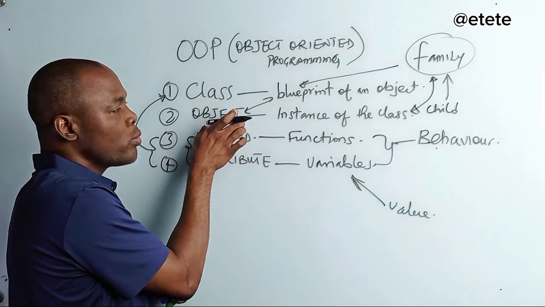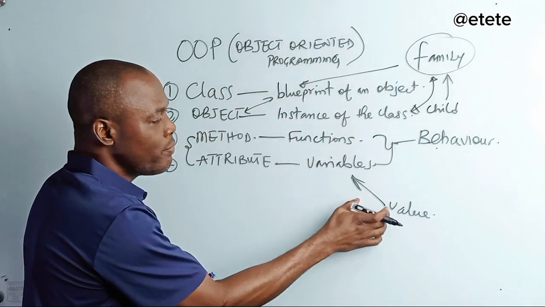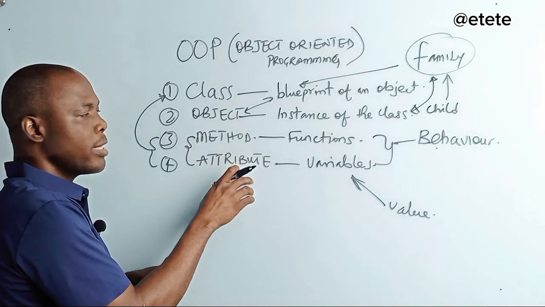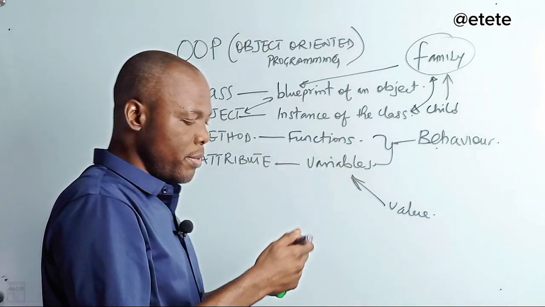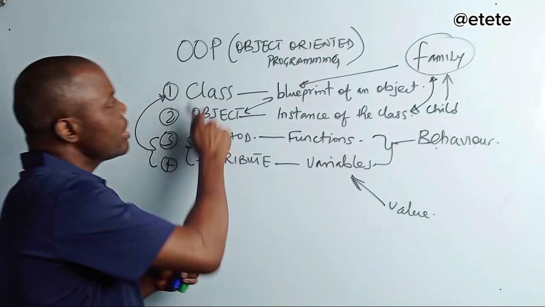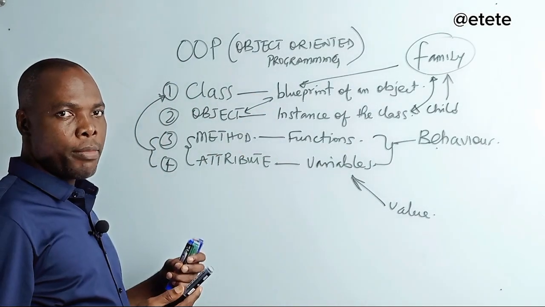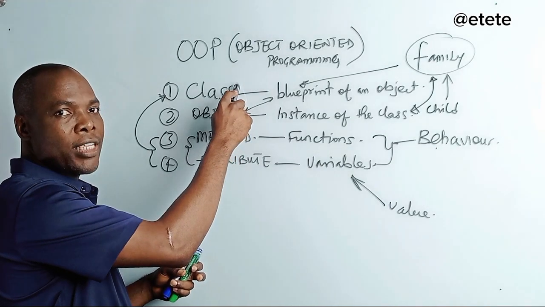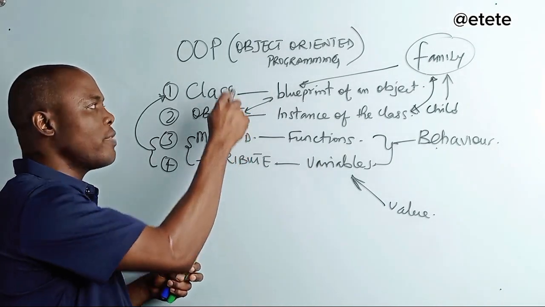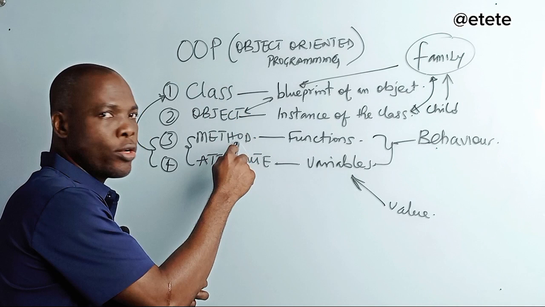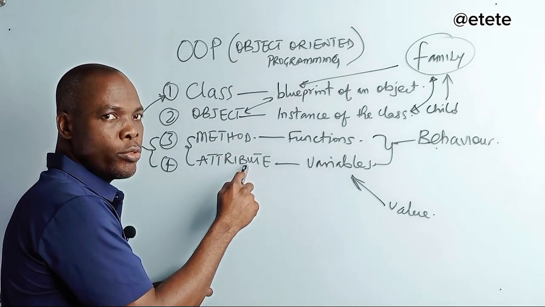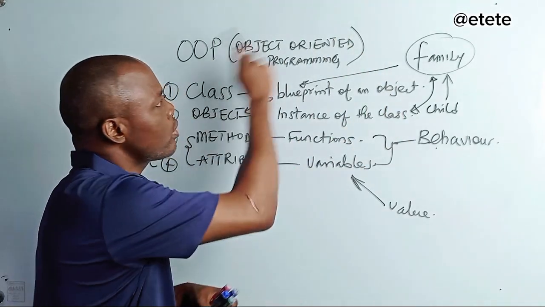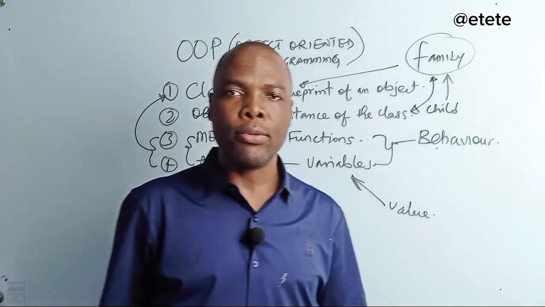Now, this object will be able to operate based on the value that has been supplied to it, by calling this method to work on it. That is what you call behavior. So this is the beauty of object-oriented programming: method and attribute are encapsulated in a class such that every object of the class will implement the method and the attribute based on the value that is supplied. That is the simple summary of object-oriented programming.